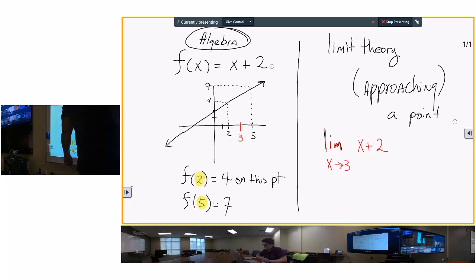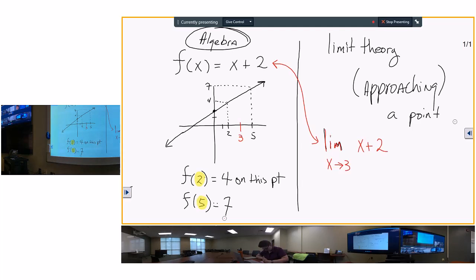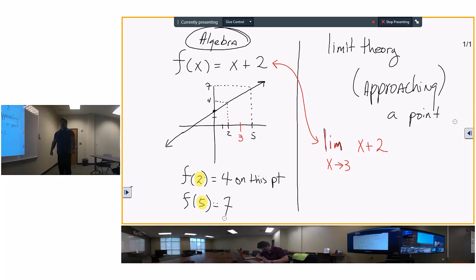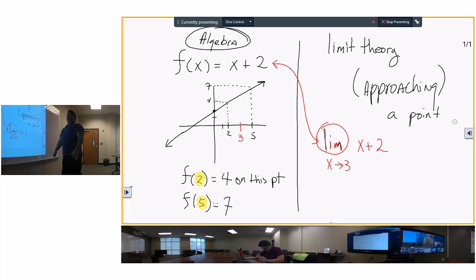Now, are these two the same? That's a yes or no question. Not even close. One is an elephant, the other one is a tiger. And you have to differentiate that. You have to say, okay, this is not the same type of question. When I put that limit out there, it changes it dramatically.